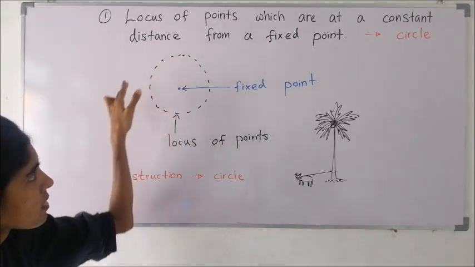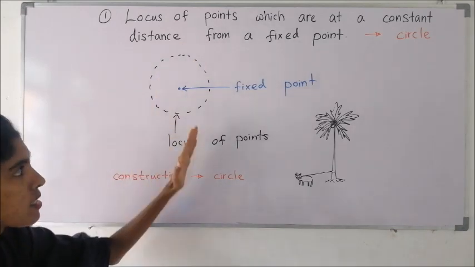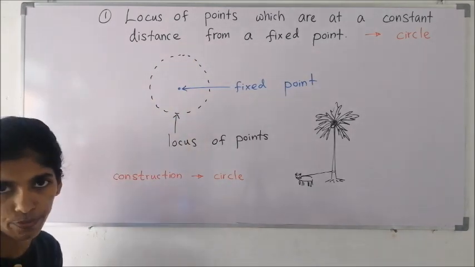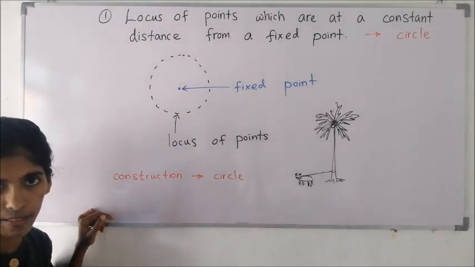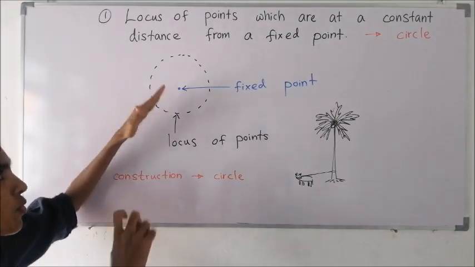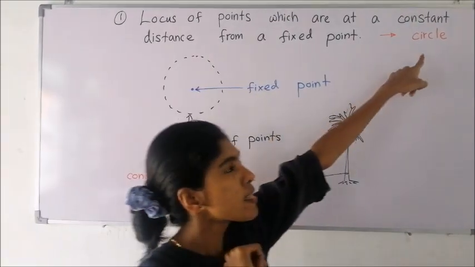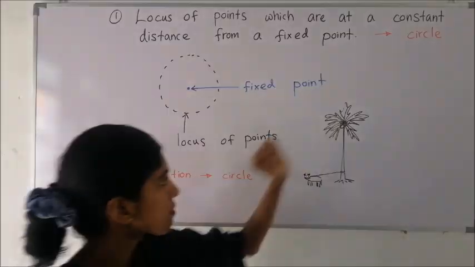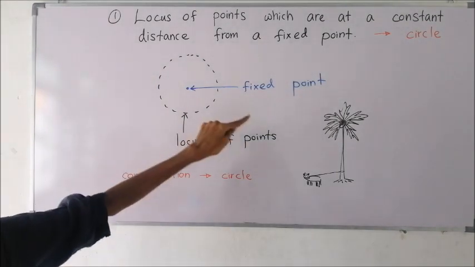This is a path of some points at a constant distance from a fixed point. So we can see clearly it's a circle. So remember that the locus of a point which is moving at a constant distance from a fixed point is a circle. So this is the locus of the points and this is the fixed point.